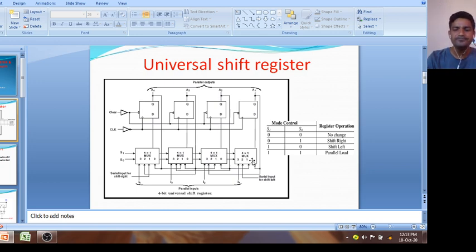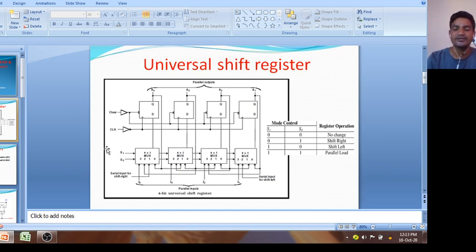Now these are four multiplexers, and there are four flip flops, 4 D flip flops. How does it work? Now this multiplexer totally depends upon the value of select lines S0 and S1. S0 and S1 are all connected here.